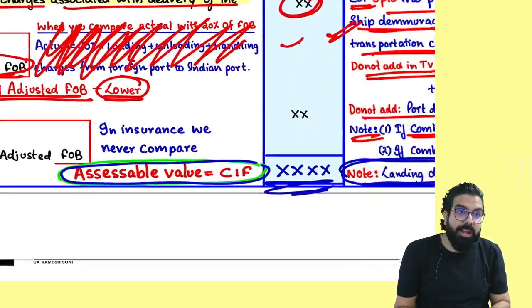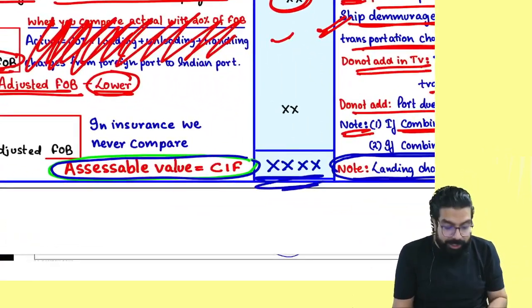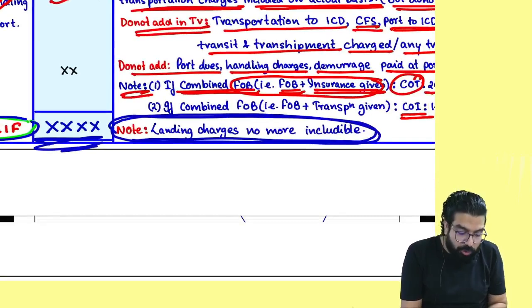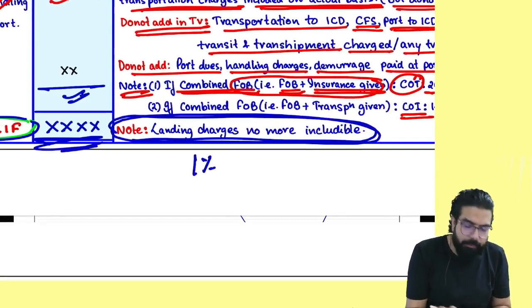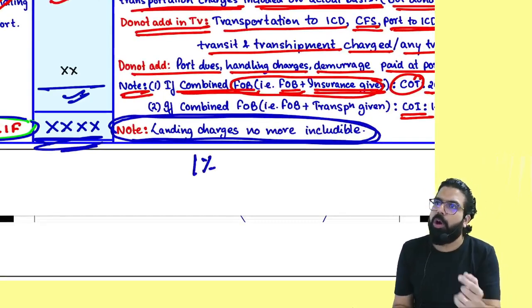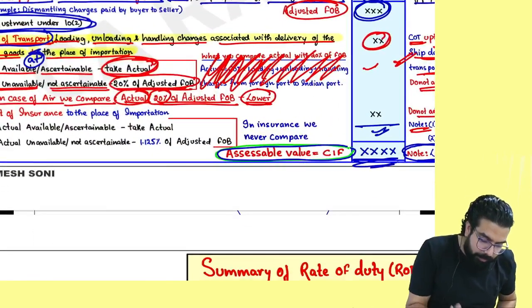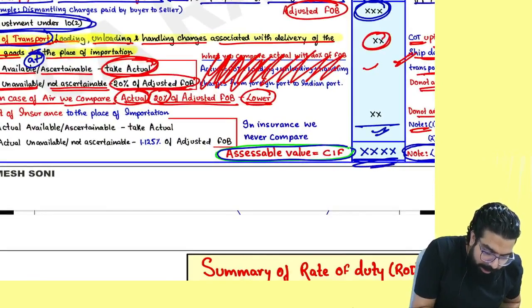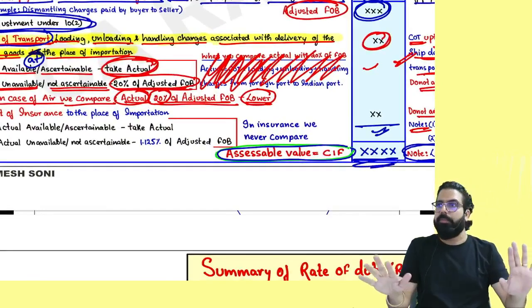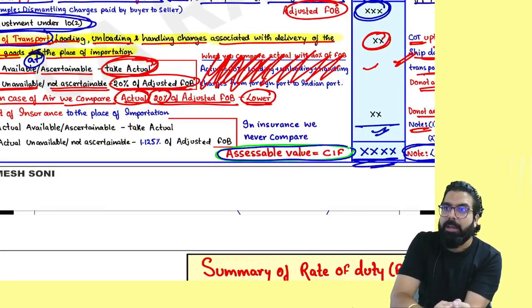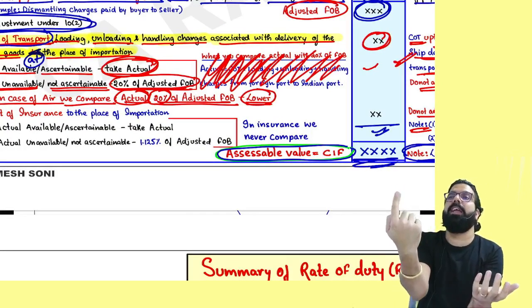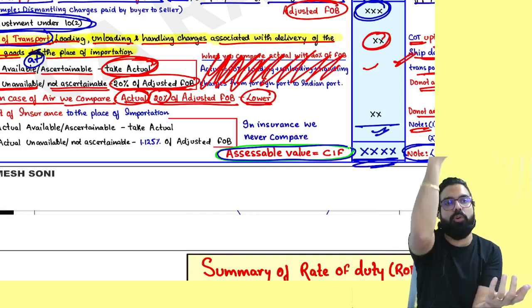Okay? And for that Indian port charges, they used to take landing charges which used to be 1% of the total amount. Whatever total used to come, of that they used to take 1% towards loading, unloading, handling charges at the Indian port. A deemed figure, 1% of the total amount.